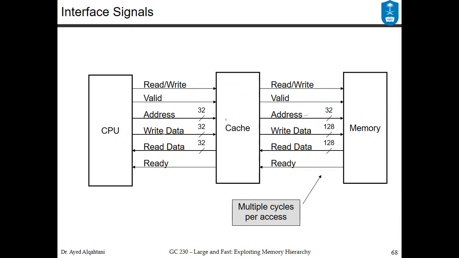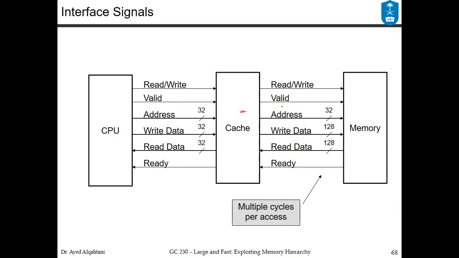For the data, the communication between the CPU and the cache is 32 bits, because every instruction is 32 bits and every data is 32 bits. When you write data into the cache, it has to be 32 bits, and if you want to read data from the cache to the CPU, you also need 32 bits.